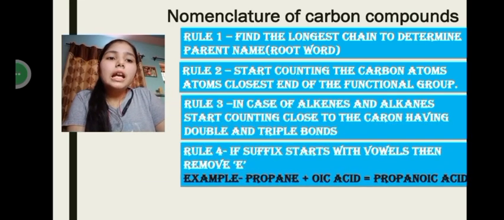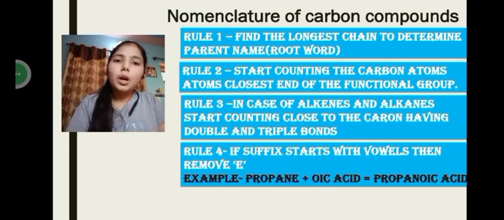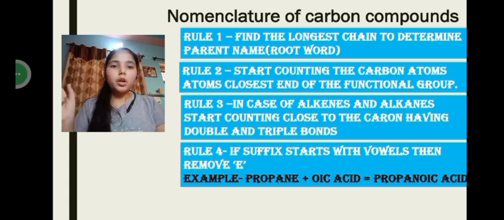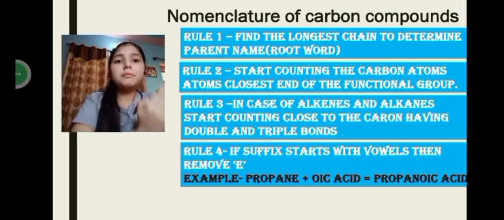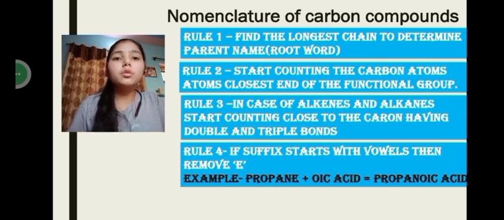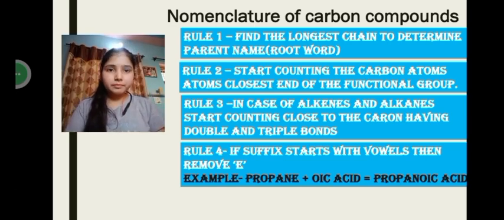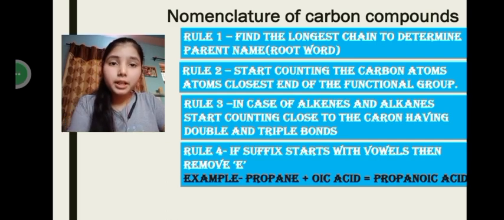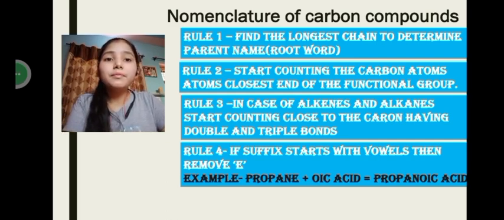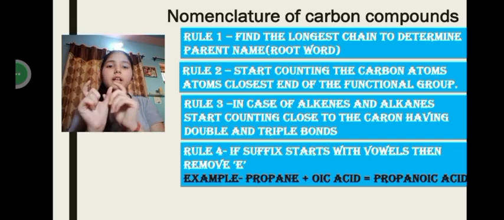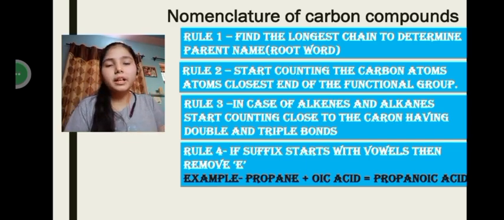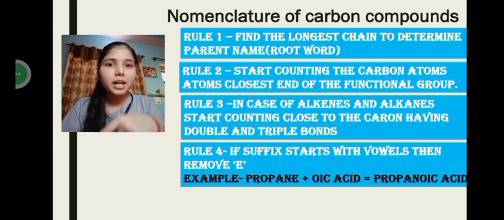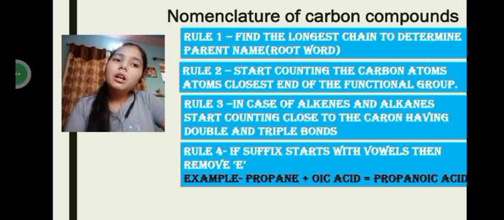Another rule is if the suffix starts with a vowel, then remove the e. What is a suffix? A suffix is the extra word attached to the right side of the root word, like propane. Prop is the root word and ane is the suffix, written at the end of the root word. Why remove the e?